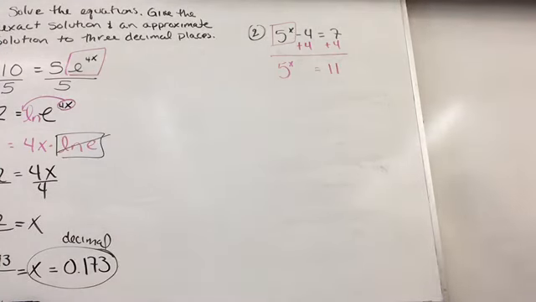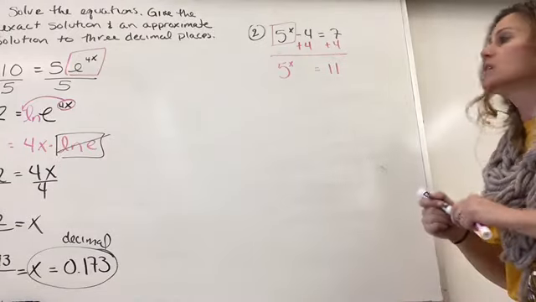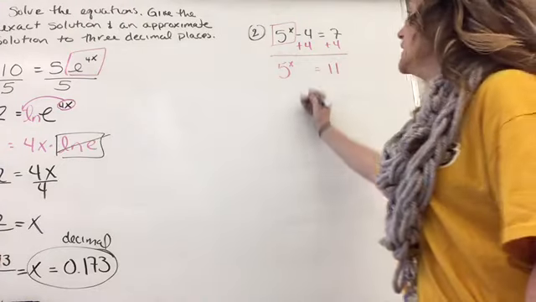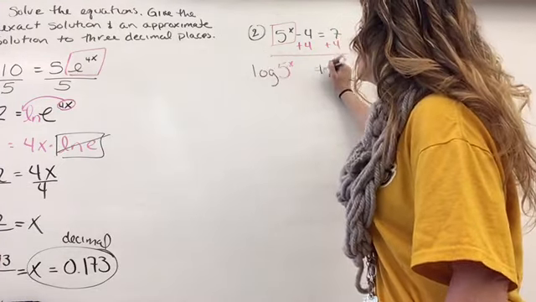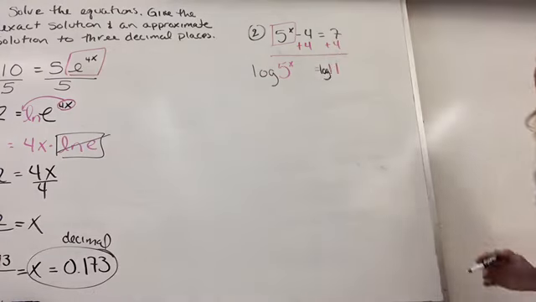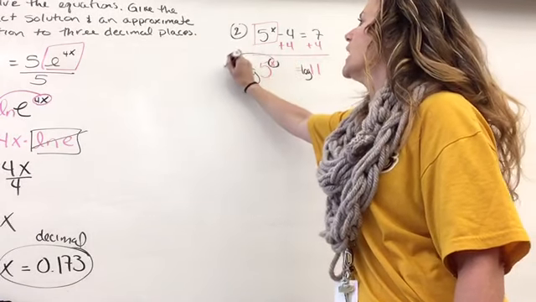Now, this is an exponent, so we take the log of both sides. Whenever we see an e, we do the natural log. We don't have an e. We're getting a variable out of the exponent. We're going to take the log of both sides. That allows this variable here to come to the front.